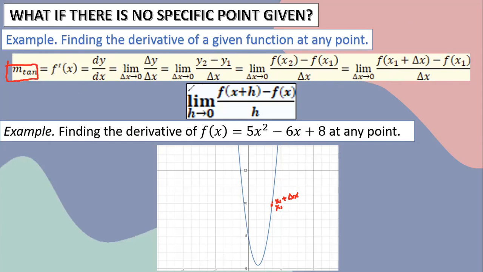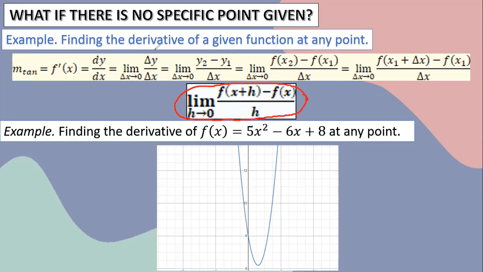So for our final formula, pag wala tayong given na point at any point, limit of f of x plus h minus f of x all over h as h approaches 0, where h is also the small change in x. So ito lang yung pinaka-formula na gagamitin natin.